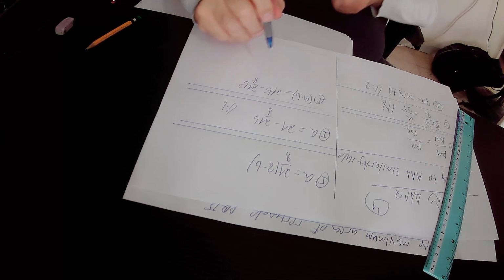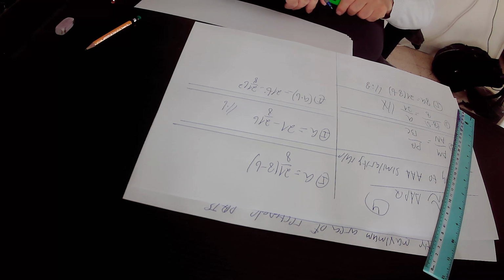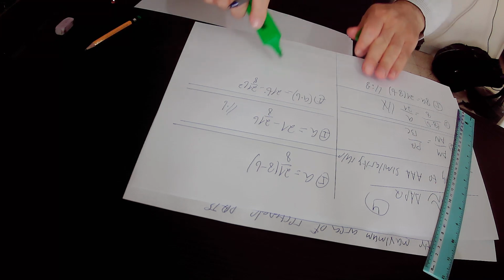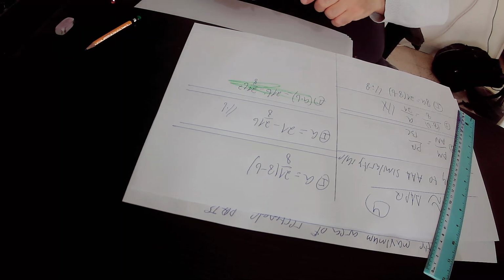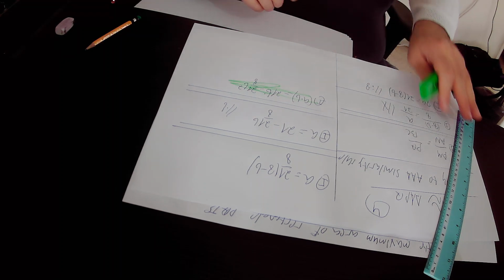So in conclusion, A times B equals 21B minus 21 over 8 B squared.